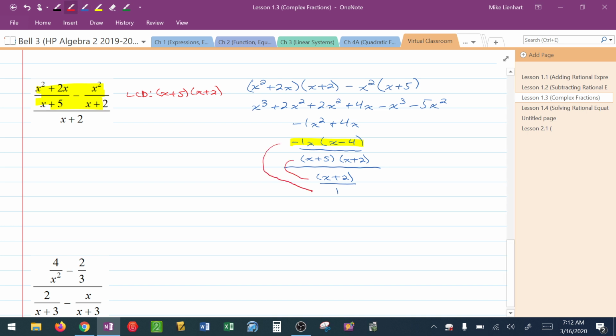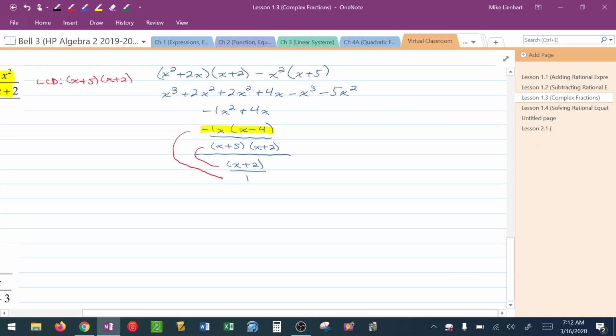Big C, little c. All right, and that's going to give me negative 1x times x minus 4 divided by x plus 5 times x plus 2 times x plus 2.